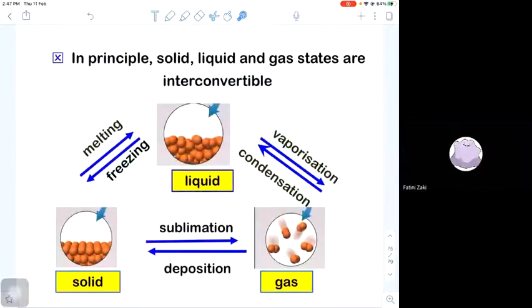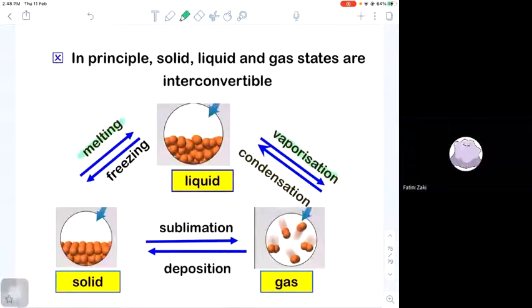So in principle, solid, liquid and gas can be converted to each other. If we have a liquid that turns to gas, we call this process vaporization. They are vaporized. When solid particles turn to liquid, we say these particles undergo the melting process.